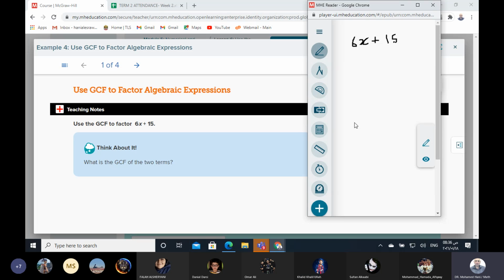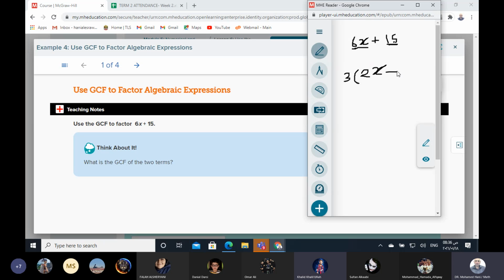Great, Khalid, thank you. I will add to you 5 marks. Great work. Okay, listen to me, please. The first step, take 6 and 15, then find the GCF between them. The GCF between 6 and 15 will be 3. Then open parentheses, take the first term, 6x divided by 3. 6 divided by 3 will be 2, and here we have x.